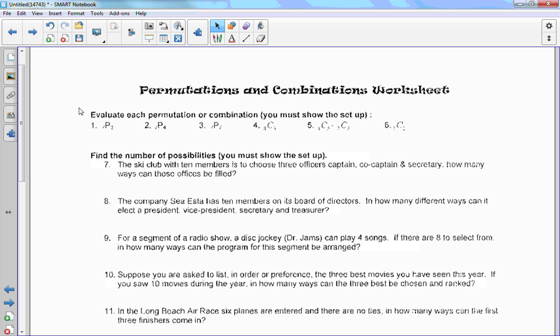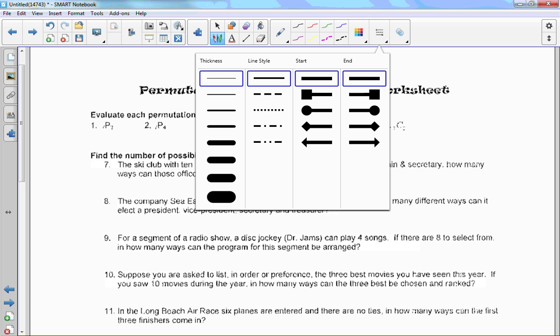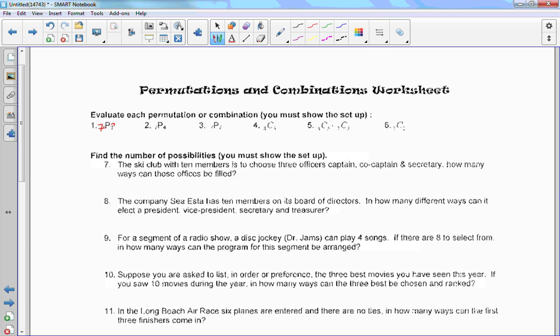Numbers 1 through 6 says you must show the setup. So that means showing the work by hand. This is a 7. Showing the setup would be showing 7 factorial over 7 minus 3 factorial. After you show that setup, then you can use your calculator.